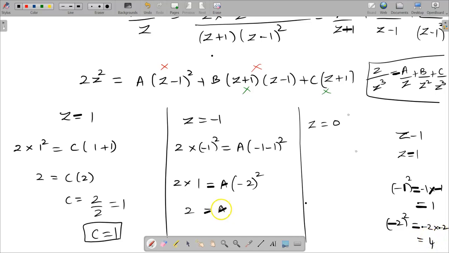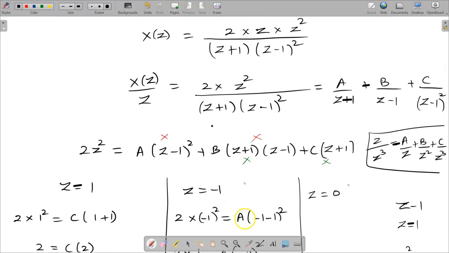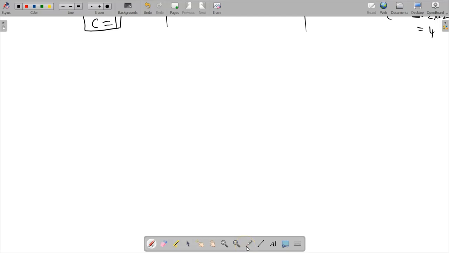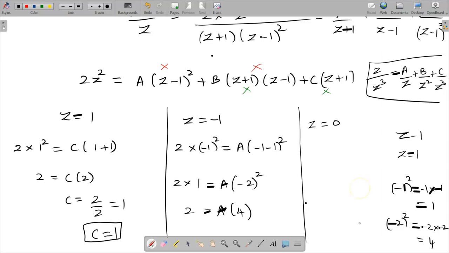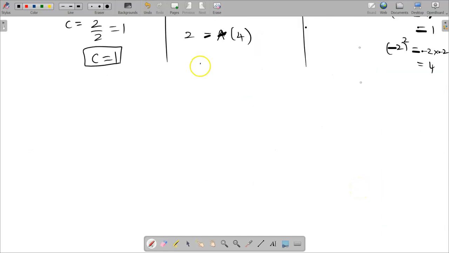So A into 4, which is nothing but the A value, given by A equal to 2 by 4. Let us apply the 2 table: 2 ones are 2, 2 twos are 4, which is nothing but A equal to 1 by 2. So A is equal to 1 by 2.